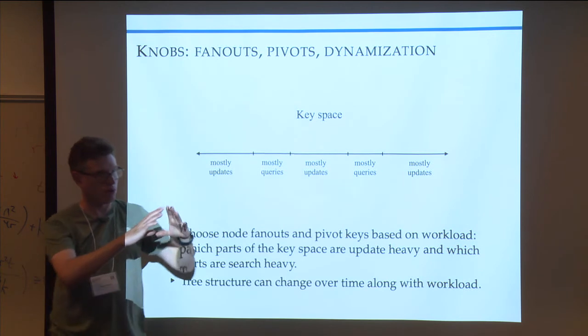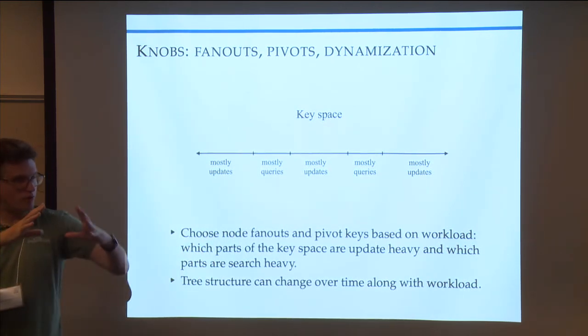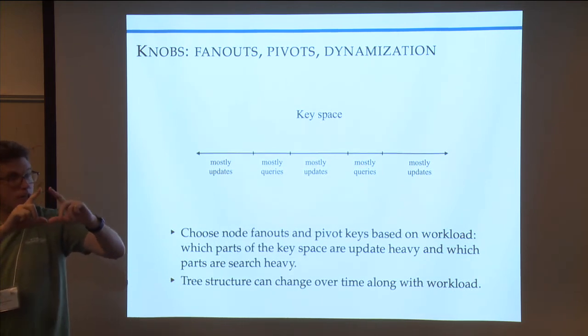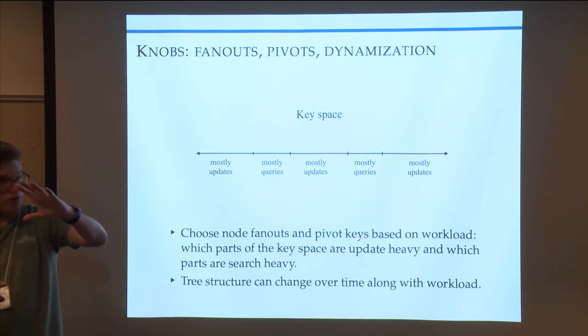Because you have a memory, you're running this B tree, and what the memory is actually doing is caching the top part of the tree, so that all operations in the top part of the tree come for free, and we're only concerned with the bottom part of the tree.